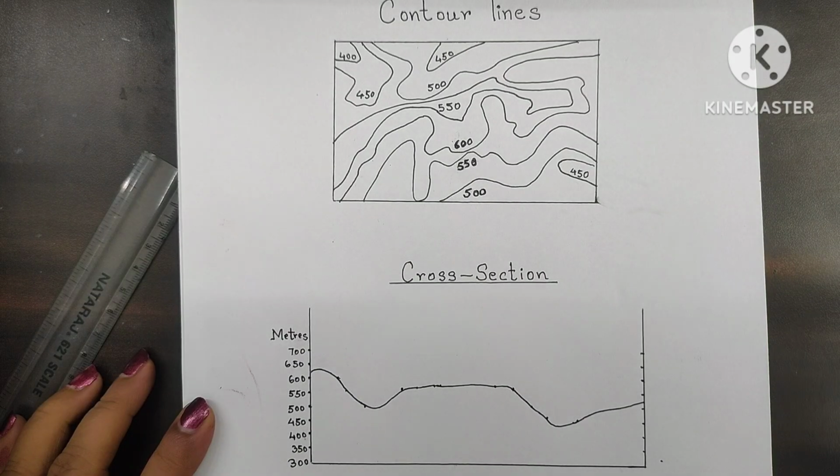So this is the way you can draw a cross section of contour lines from a contour map.